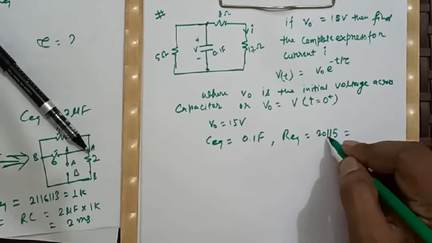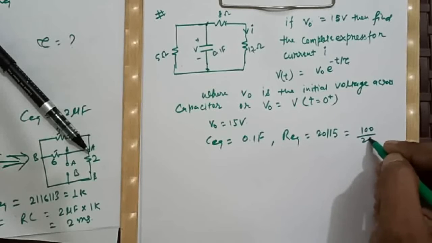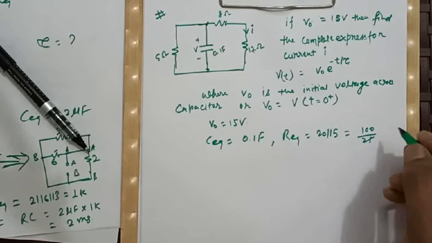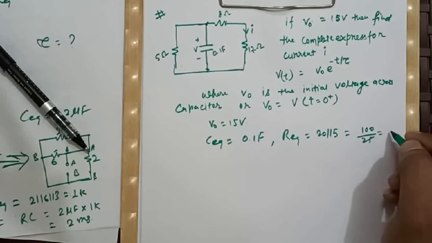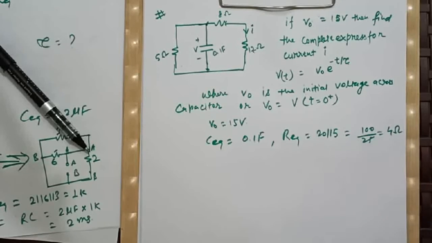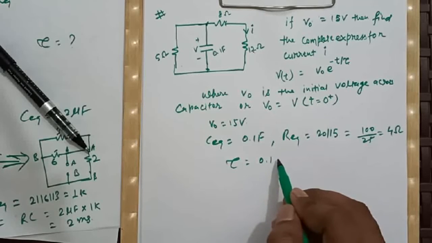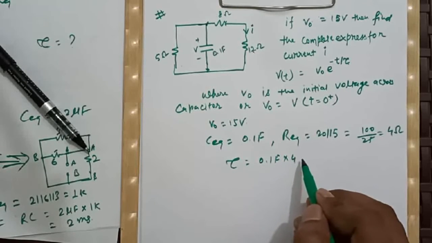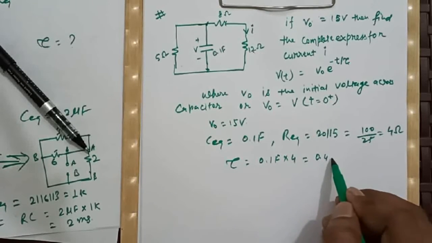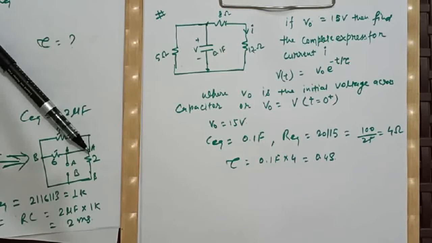What will it be? 100 by 25, isn't it? So 4 ohm. Now the time constant will be 0.1 farad into 4, which will be 0.4 second, right?